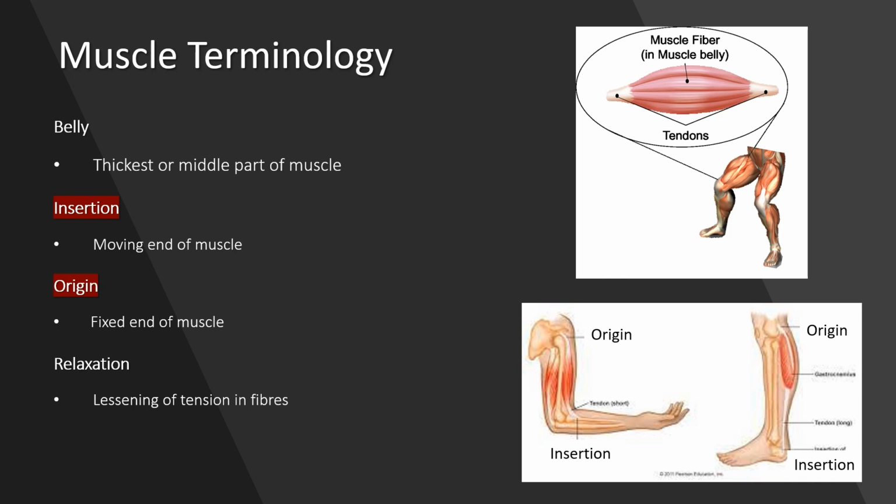So if the movement comes from below the elbow, then that pulls the lower arm up towards the shoulder. So the origin doesn't move, it's fixed. The insertion is the bit that moves. And the belly is the thickest part in the middle of our upper arm.